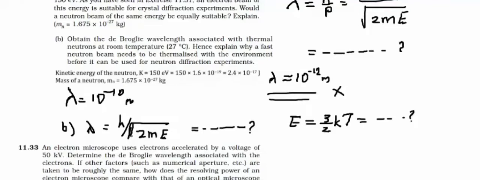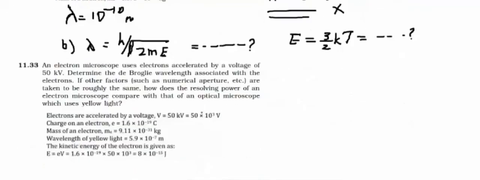Otherwise, what will happen? If the neutron has very high energy, then the interaction time will be very less, so that we will not have enough interaction time to obtain the result of the experiment. Therefore, usually these high energy neutrons are thermalized. Thermalized means from very high speed we change it into a medium speed for conducting experiments.